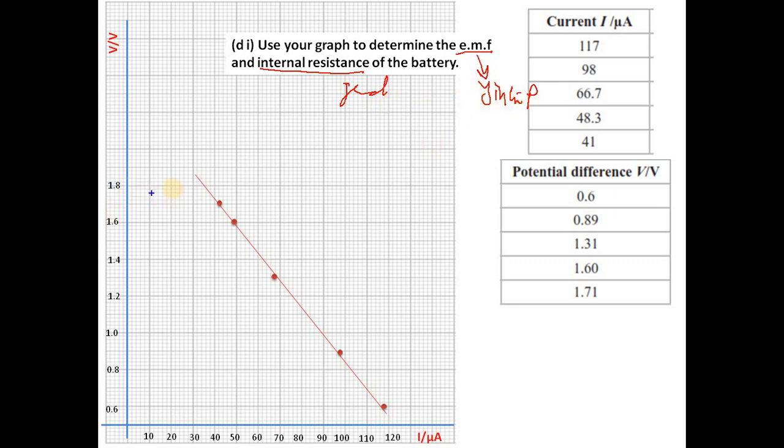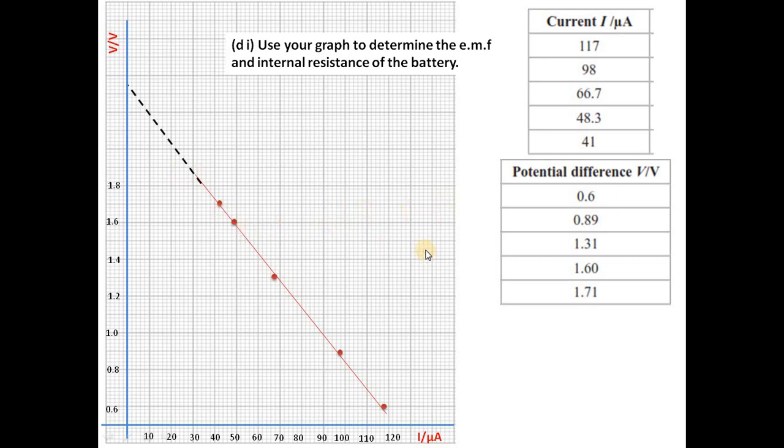We extrapolate this line in a backward direction and see where the line intersects the y-axis, and we read this value. This value will give you E, or EMF. Then we choose 2 suitable points on our line and find the gradient, rise over run, which gives us the internal resistance.